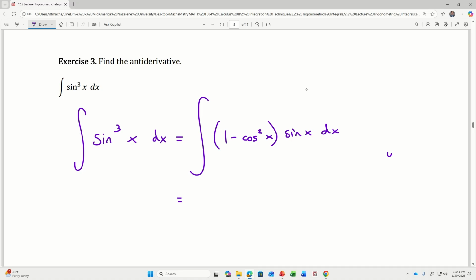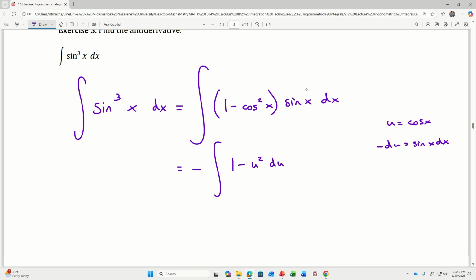And so now when we make that u substitution, we get negative 1 minus u squared du, or u squared minus 1 du.